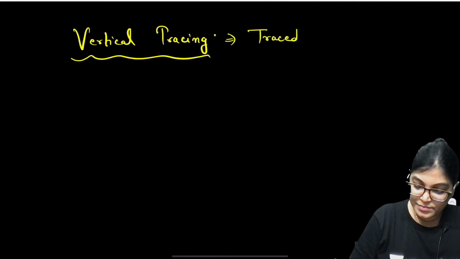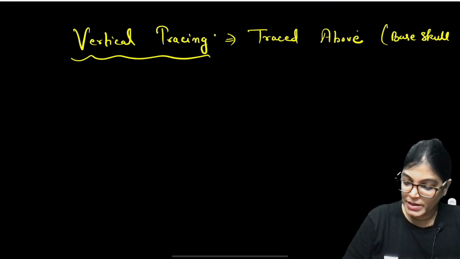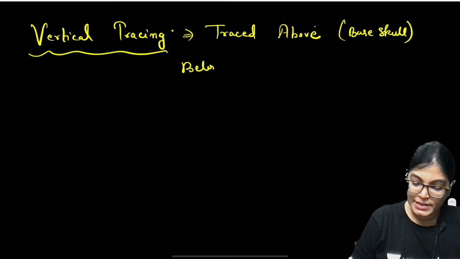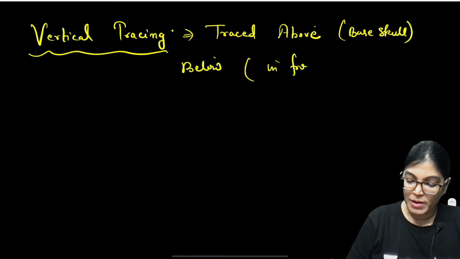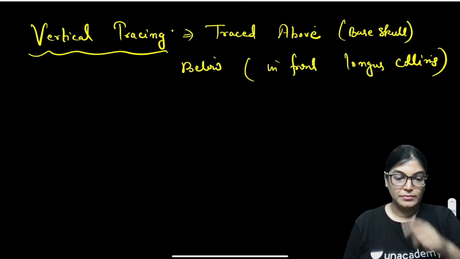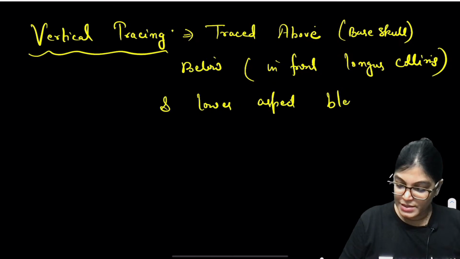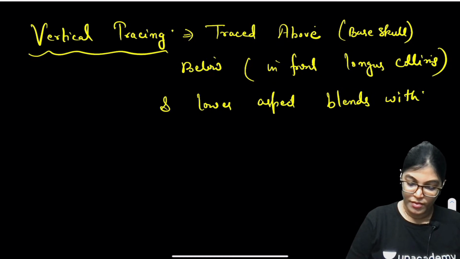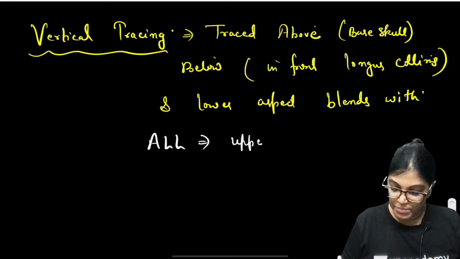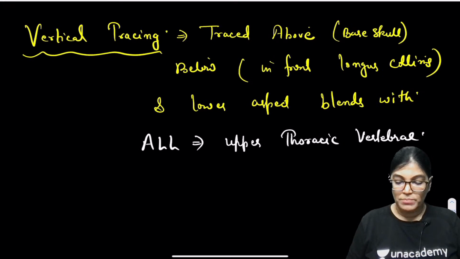When traced above, it is attached to the base of skull, and below it passes in front of the longus colli muscle, and in the lower aspect it blends with the anterior longitudinal ligament of the upper thoracic vertebrae. Got it?